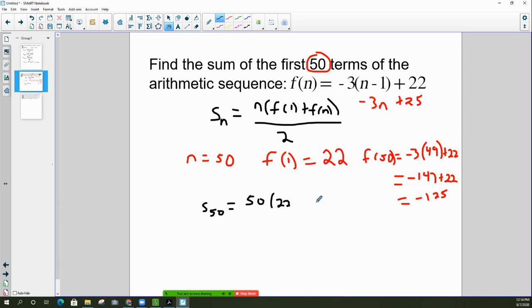So I could write plus negative 125, or I could just write minus 125. And all that is divided by 2. Following order of operations, we do a quick little subtraction: 22 minus 125 is negative 103.